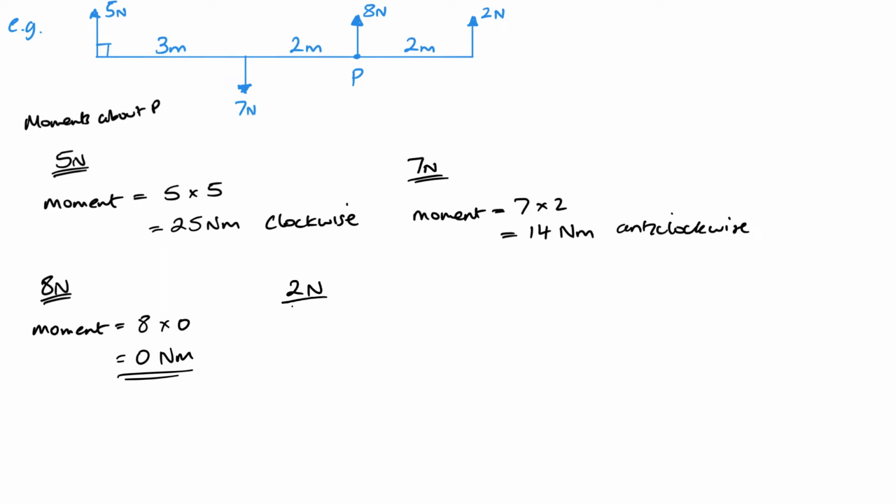And then my final force here is 2 newtons. So my moment is going to be 2 newtons times 2 meters, so 4 Newton meters. And the direction is going to take my rod in this direction, which is anti-clockwise.